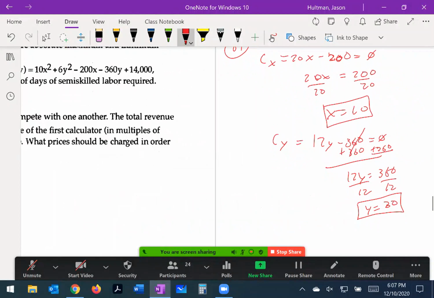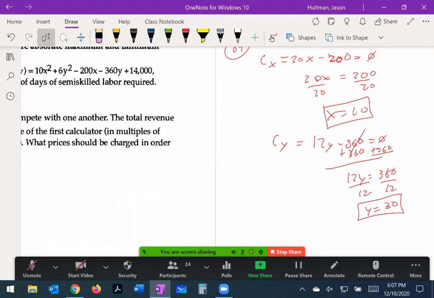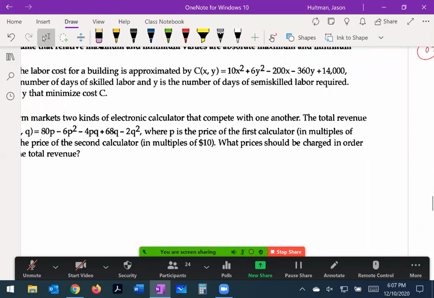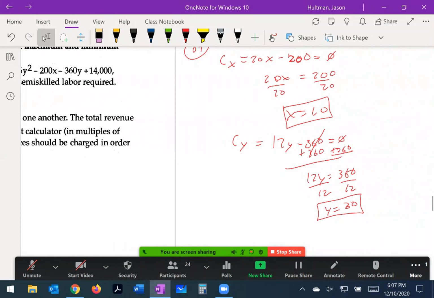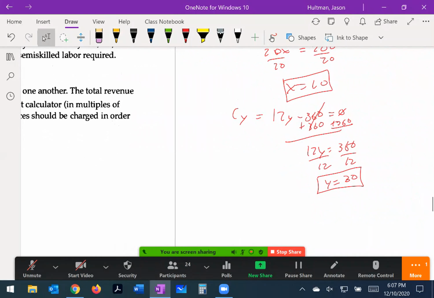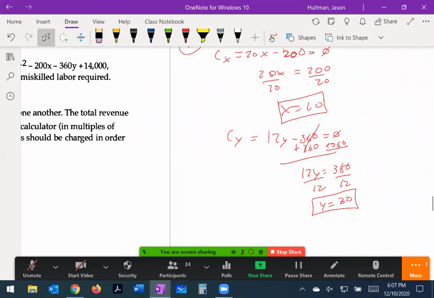So I can use my D test to see if this is a maximum or a minimum. Is this going to minimize cost or maximize cost? I can find the second partials here. So C of XX is equal to 20. C of YY is equal to 12.